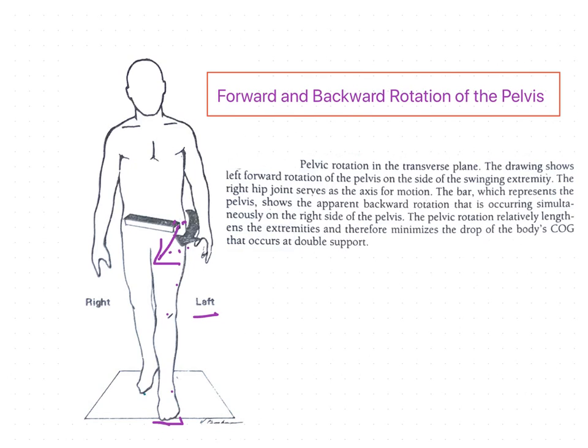So once it reaches this mid stance, again the pelvis is coming to the neutral position. Why? Because that is the highest point of the COG. Okay, next, forward rotation of pelvis continues beyond neutral on the swing side through the terminal swing to the initial contact.